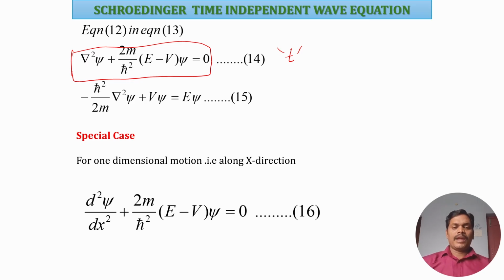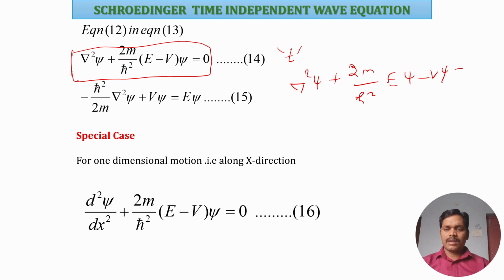But still, in order to derive the expression for the time dependent wave equation, we can rearrange this equation, equation 14. First we can write del square psi plus 2m by h cross square E psi minus V psi equal to 0.